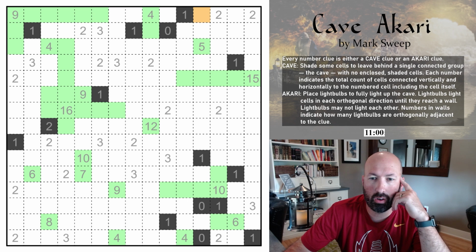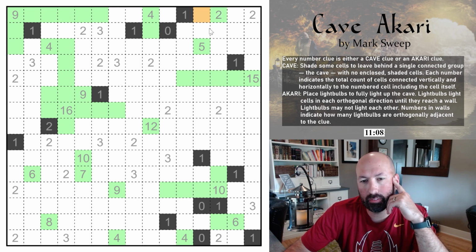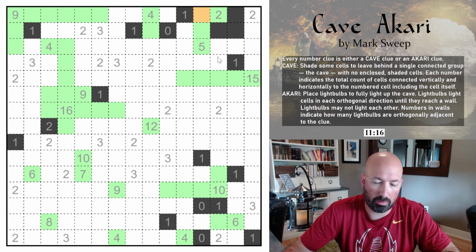So now, can this 2... If it's part of the cave, then we have to do that. And this would have to be part of the cave. But that seems possible.